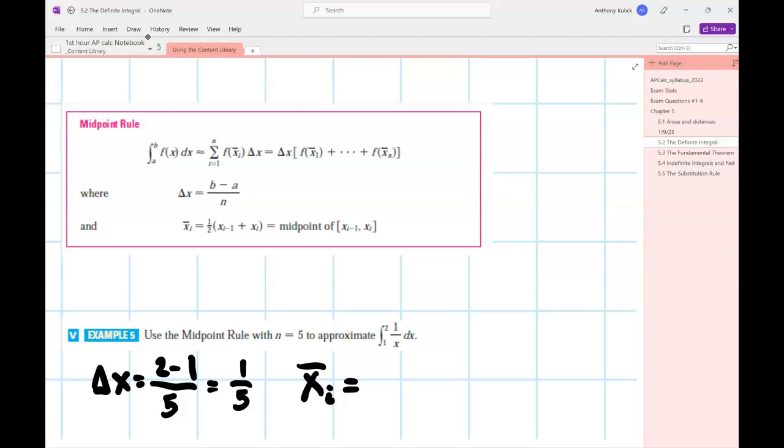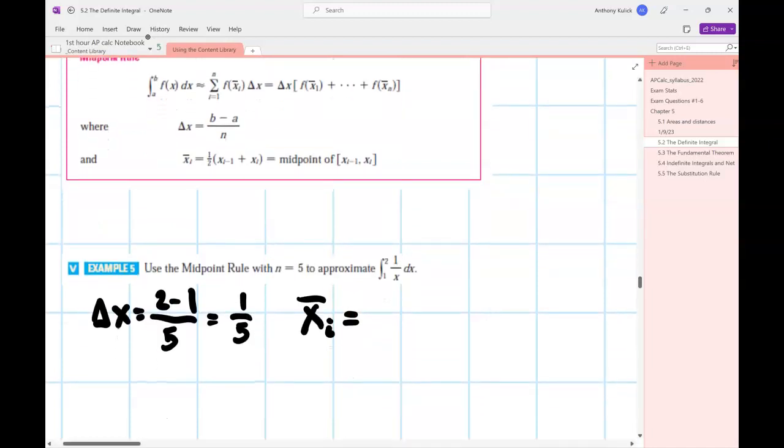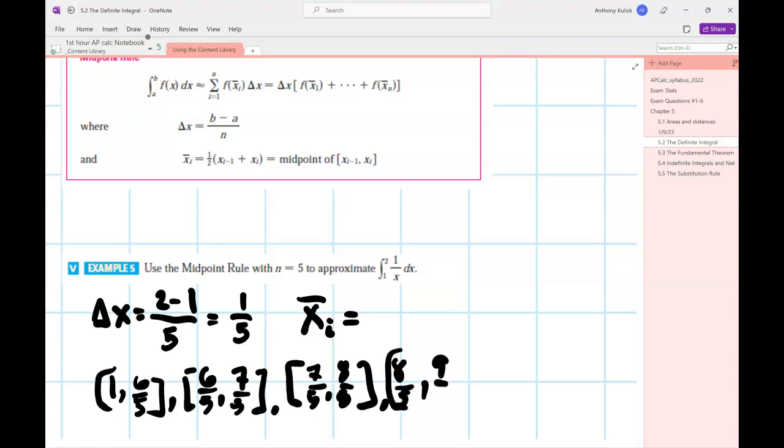So if I split up 1 to 2 into 5 pieces, my intervals would be 1 to 6/5, and then 6/5 to 7/5, 7/5 to 8/5, 8/5 to 9/5, and then 9/5 to 10/5. Those would be my 5 intervals, right?